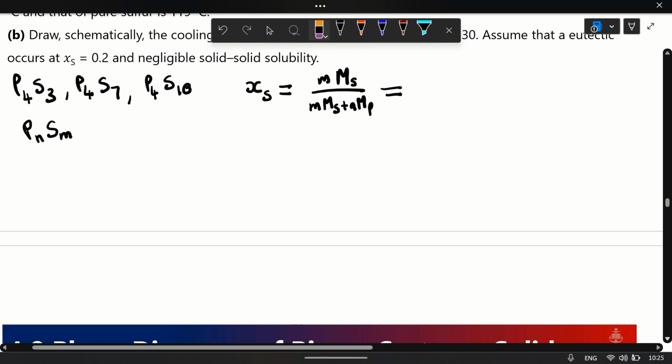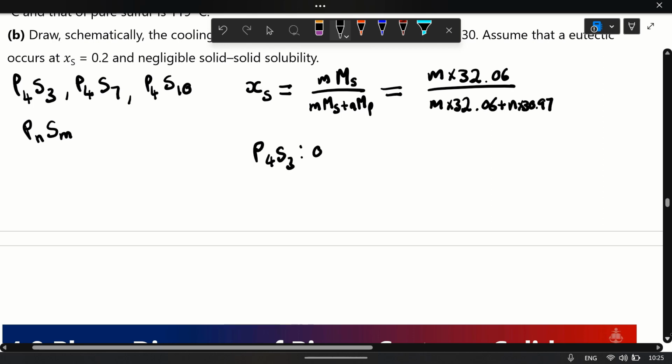So that basically comes down to M times 32.06 over M times 32.06 plus N times 30.97, in grams per mole. If you plug that in for each of them, for P4S3, you get a mole fraction of 0.44.